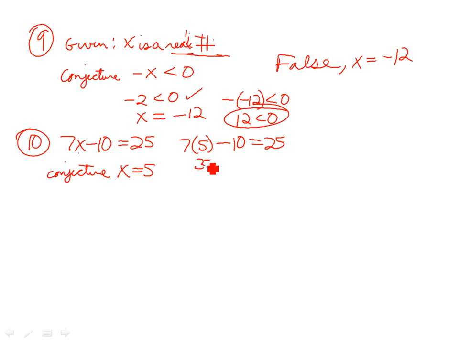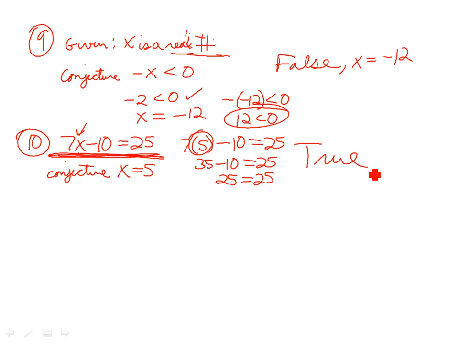That's 35 minus 10 equals 25, and 25 equals 25. If you remember from algebra, in a linear equation there's only one possible answer for x. So x has to equal 5, so this one comes out to be true.